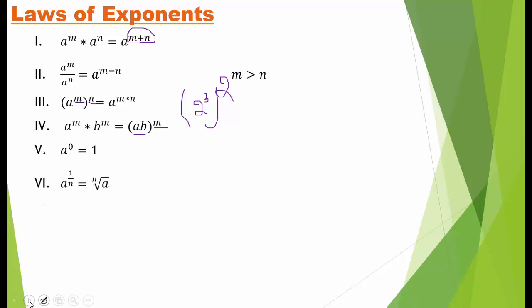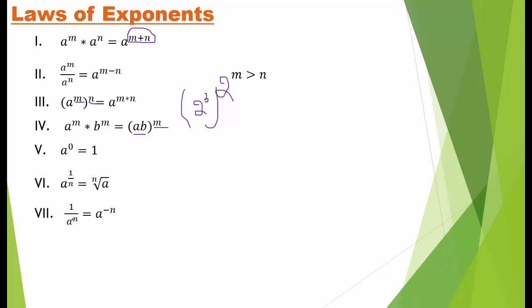Next, a raised to power 1 by n means it is the nth root of a. If I am writing here 1 by 2, it means square root. If I am writing 1 by 3, it means cube root, means nth root. Now 1 by a raised to power n means a raised to power minus n.